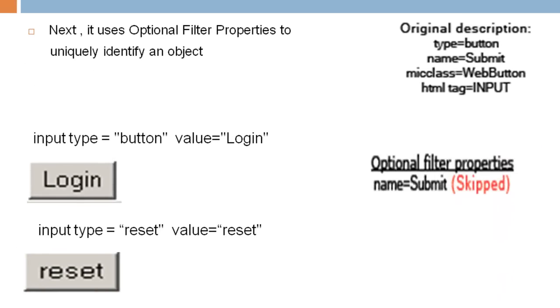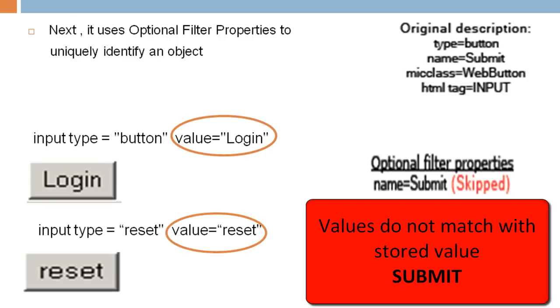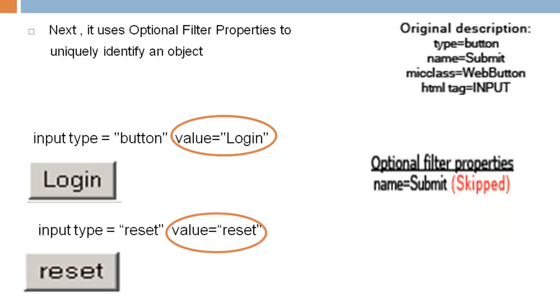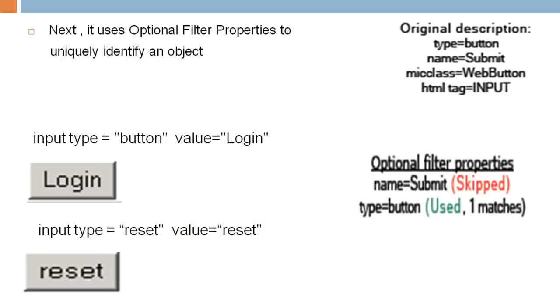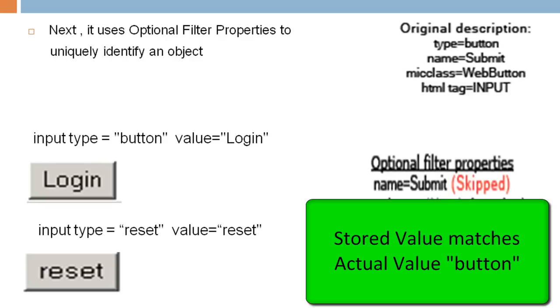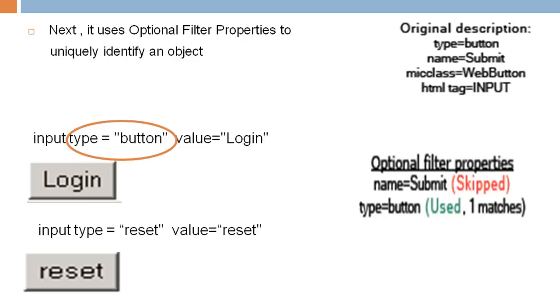The first optional filter property, name, is compared. As we have studied earlier, name and value property are the same, but name available is login and reset. Hence this property is kept. Next type property is compared, whose value matches that of the login button, and a unique identification is possible.